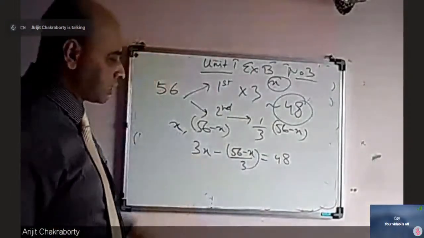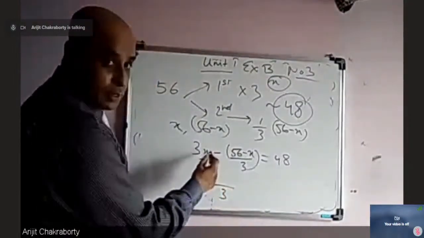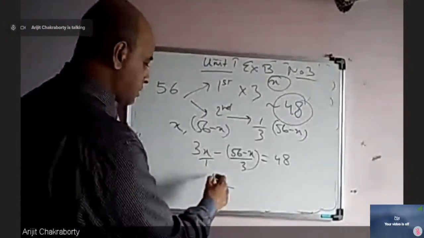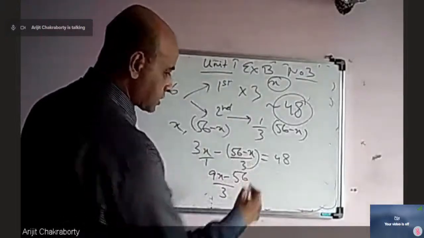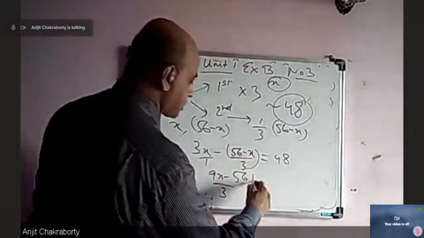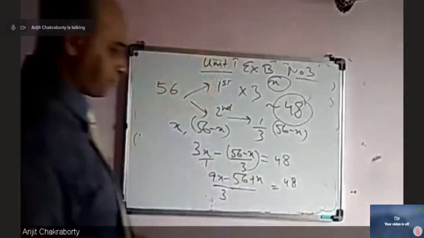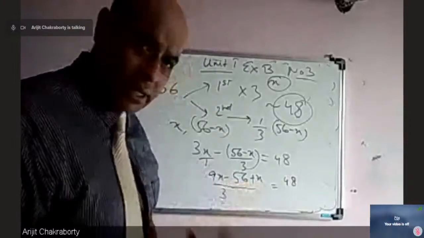Okay, so now it's an equation. 3 comes here. 3x means 3x by 1. So this will become 9x minus 56, the sign will change, plus x. This will be equal to 48. 9x plus x is how much? 10x.